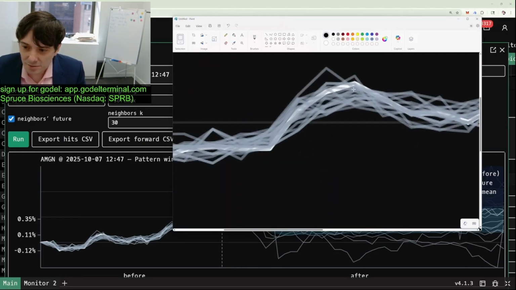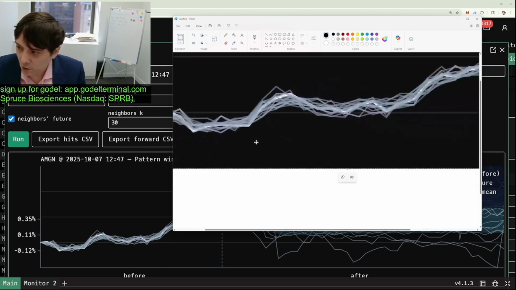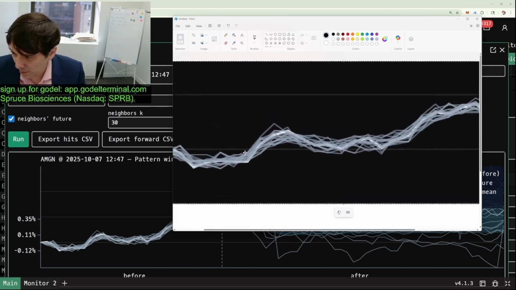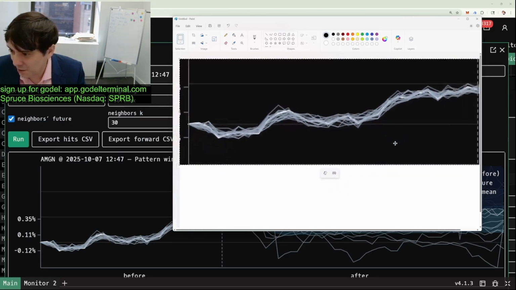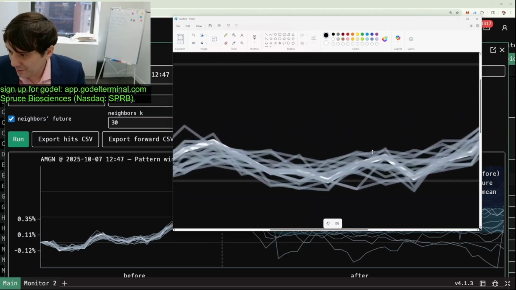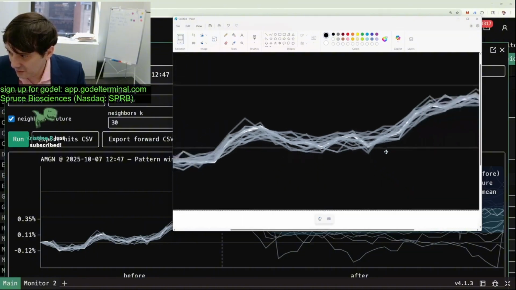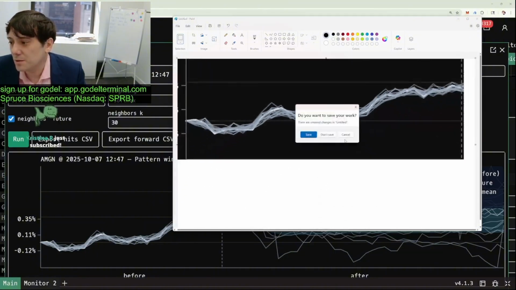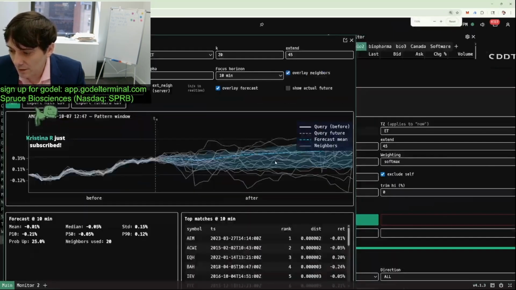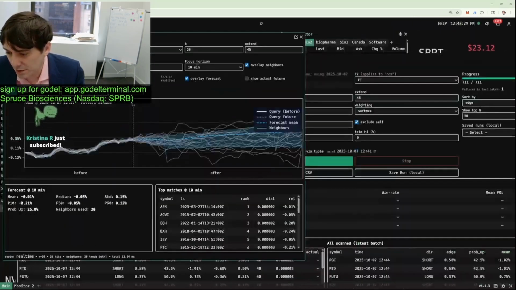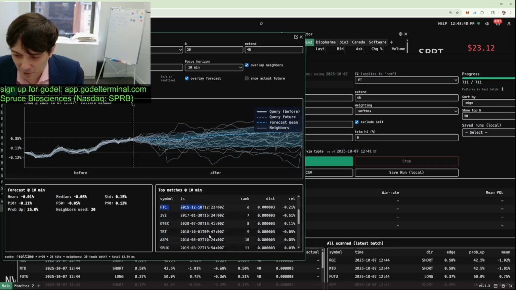The white line is Amgen, but in all of the stock market's history, it's looking for shapes that were almost identical. And you can see there's no shape that's identical, but many that are very close. And it finds those closest shapes. And then it tells you that the closest shape was this stock, AEM, in 2023, ACWI in 2015. All these different times the market had the same exact shape, Apple in 2010.